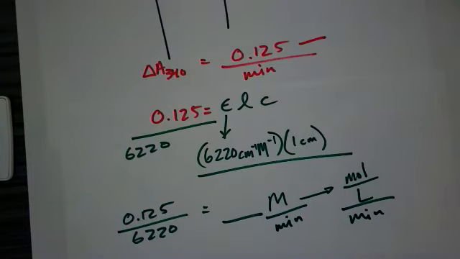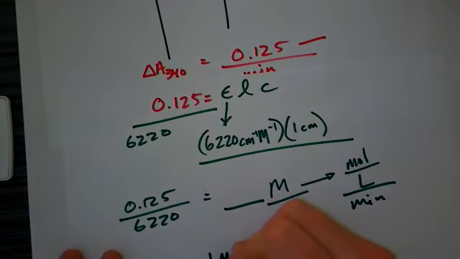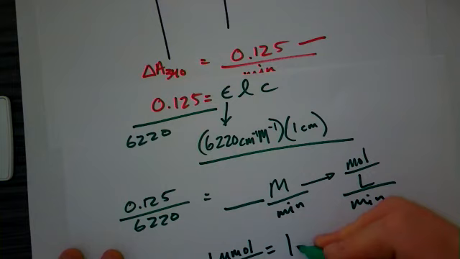So what we need to do, though, is we need to know what is the convention, or what's the commonly accepted units of measurement of lactate dehydrogenase. And that would actually be 1 micromole per minute. That is equal to 1 unit of LDH activity.